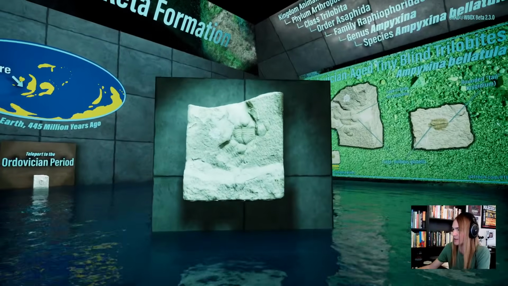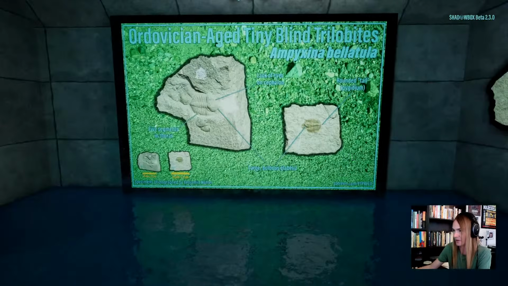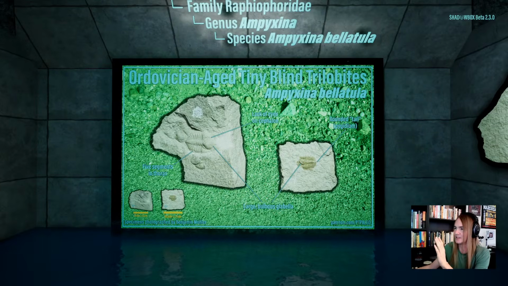Ampyxena, the trilobites in general, these are animals that have evolved to have eyes. So why does this group not have them? Why did they lose them?